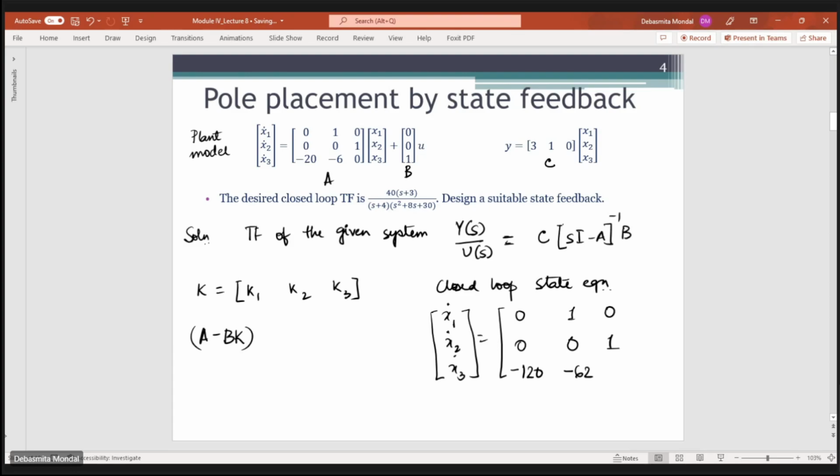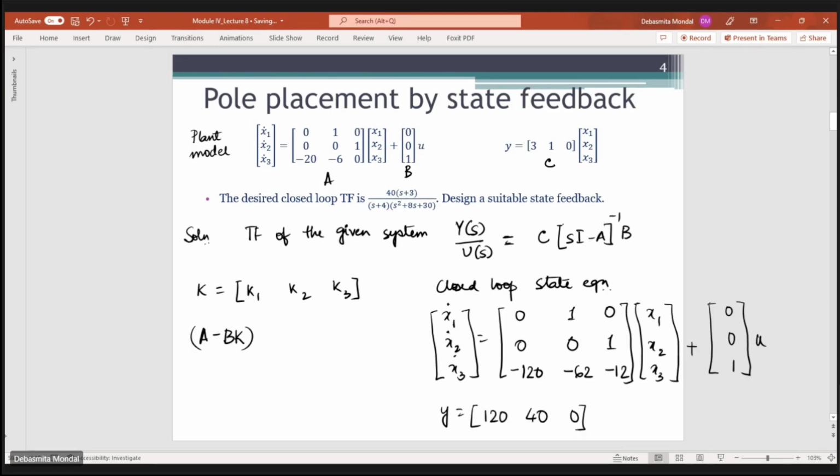Okay, 0, 1, we have x1, x2, x3 plus the input term. And the value of y will be equal to 120 times x. I'm just writing the vector.